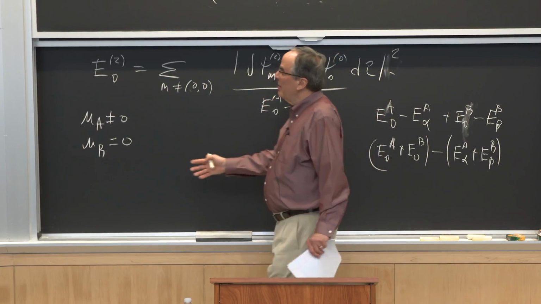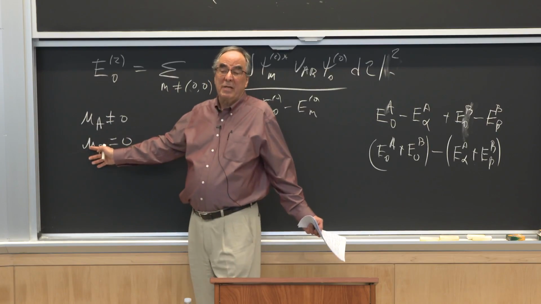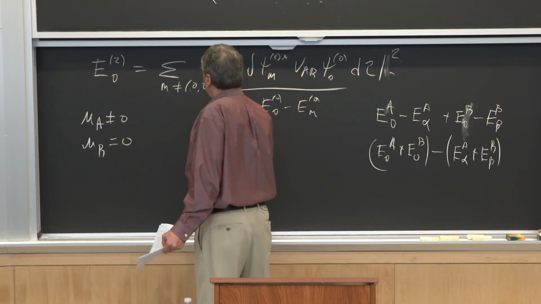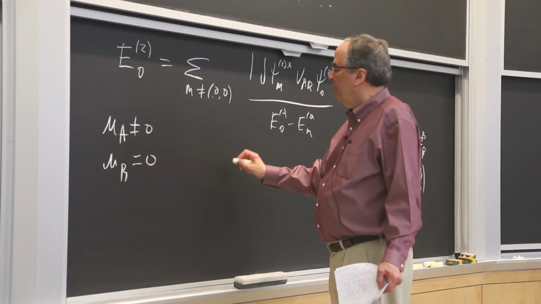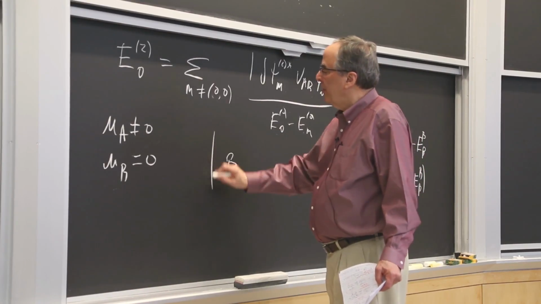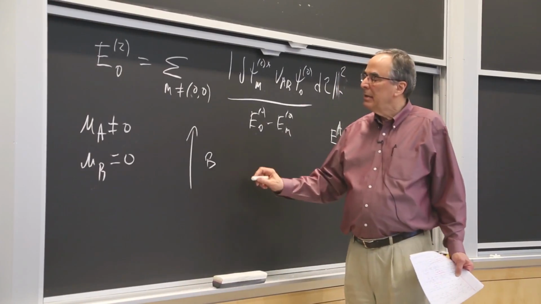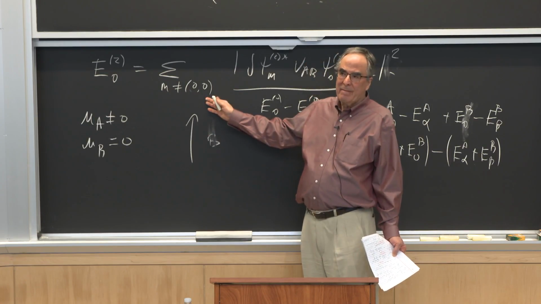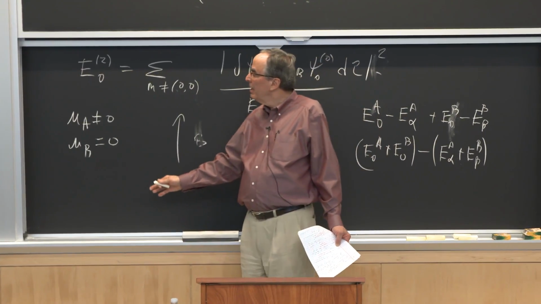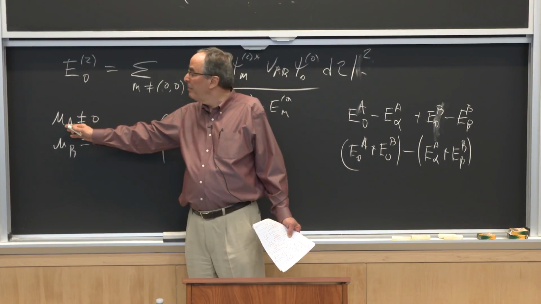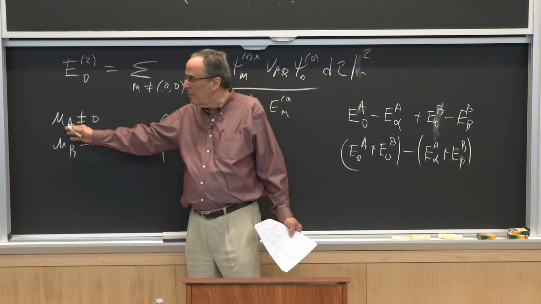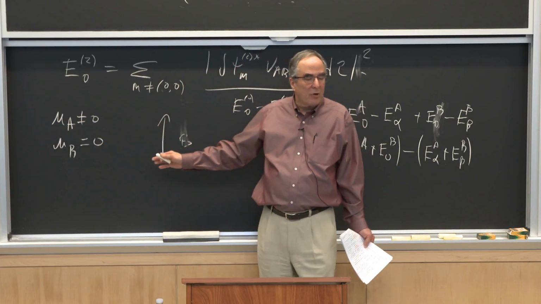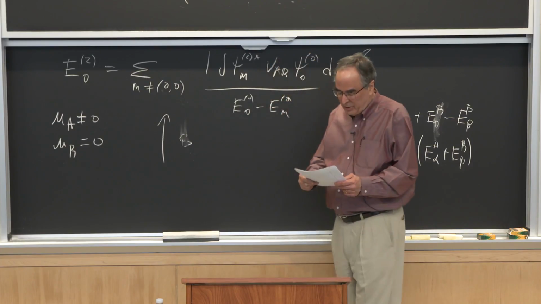Because nominally we think, well, this B doesn't have a dipole moment. But suppose we have a particle B in an electric field. The electric field will polarize B. And if we have molecule A, which has a dipole moment, near B, it will also polarize B. And second order perturbation theory tells us how to handle that.